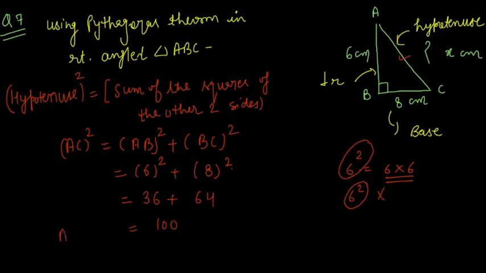So you see, this is your AC square. If I want to calculate AC, this will be the square root of 100. And we know the square root of 100 is 10. And the unit is given in centimeters. So the unknown side, the hypotenuse of this question, will be your 10 centimeter. Okay, you can pause the video if you want to note it down.